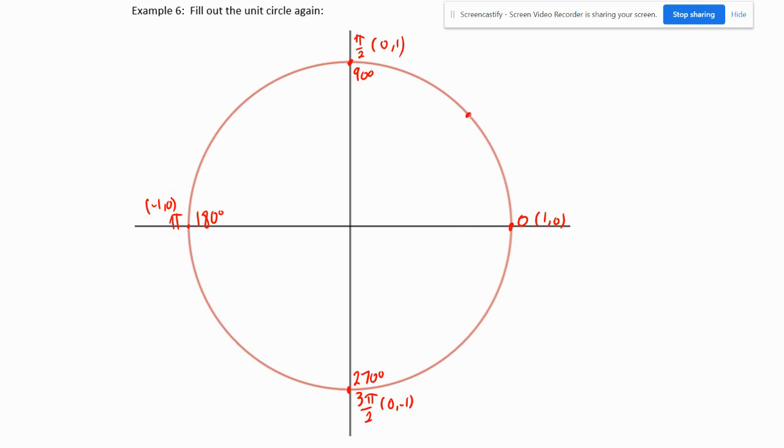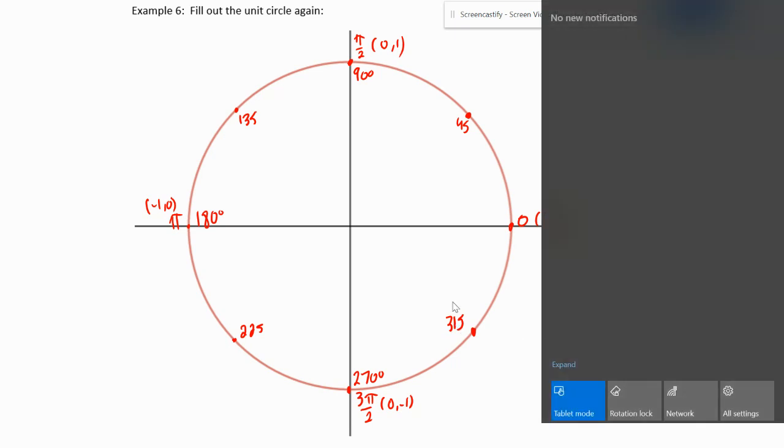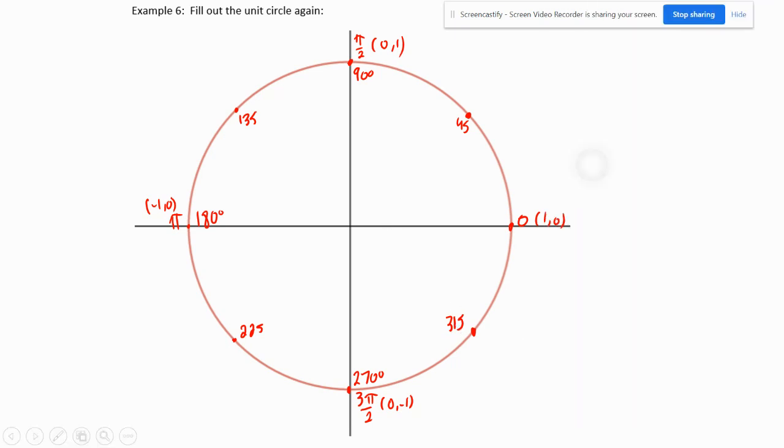Now the other 3 that we needed to, let's back up for a second. Next, I'm going to do my 45 degrees. So this is 45, plus 45 is 90, plus 45 here is 135, plus 45 is 180, plus 45 is 225, plus 45 is 270, plus 45 is 315. Now the way we do these in radians is 45 is half of 90, so it's going to be pi over 4.